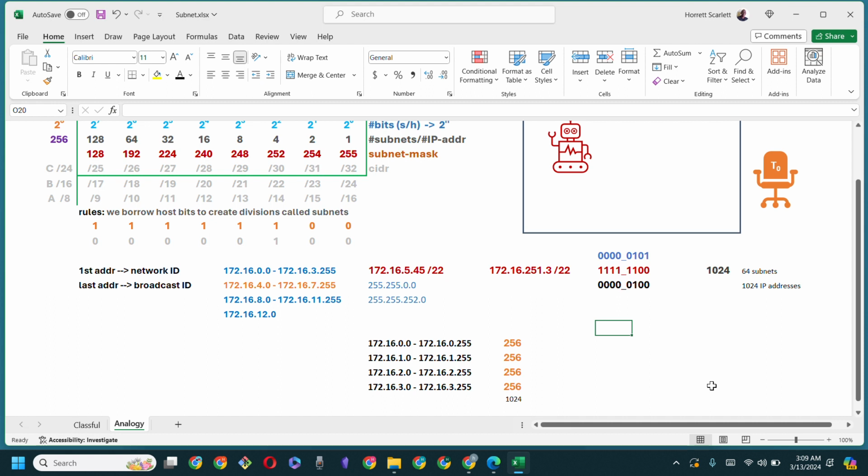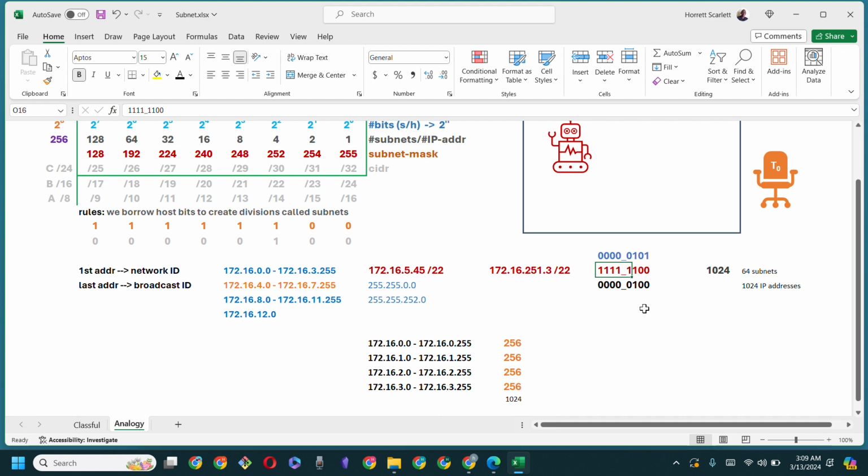So one way to do it is to sit down and write out all of the ranges until we reach something that will hold 251, which is going to be a lot of writing out. Remember, we have 64 subnets, so that's a whole lot of writing out. Or we can use the technique that we just looked at. So we know that the subnet mask is right here.